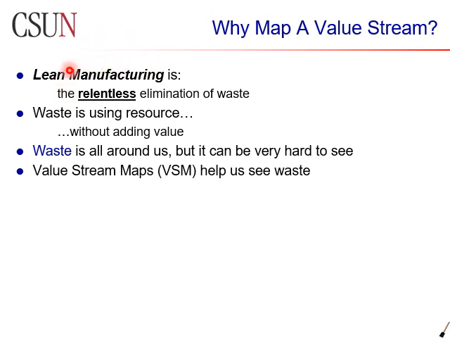So back to the definition of lean manufacturing. What's meant by lean manufacturing? When we say lean manufacturing, the meaning is a relentless elimination of waste. We keep searching every specific process in a system, and then we ask ourselves, is the customer going to consider this process as something that is adding value to him or not?